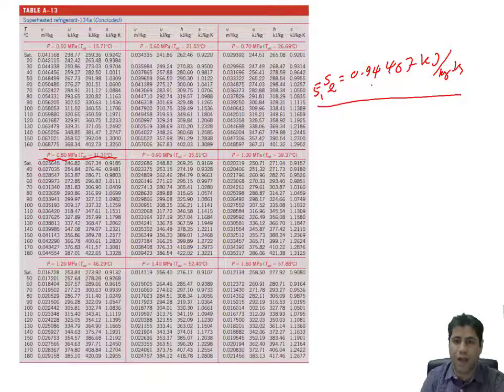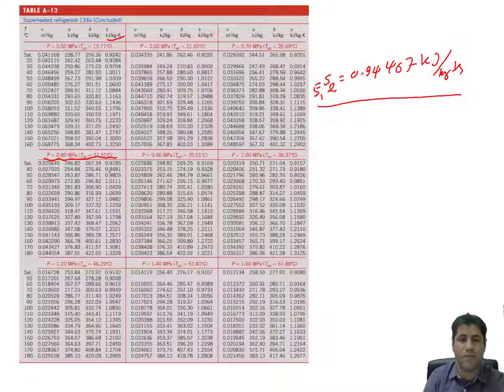So the entropy which we have here is 0.94. Let's compare. This column represents the entropy, and as you can see here, for this pressure, at the saturation temperature, which is 31.31 degrees Celsius, the entropy is 0.91.